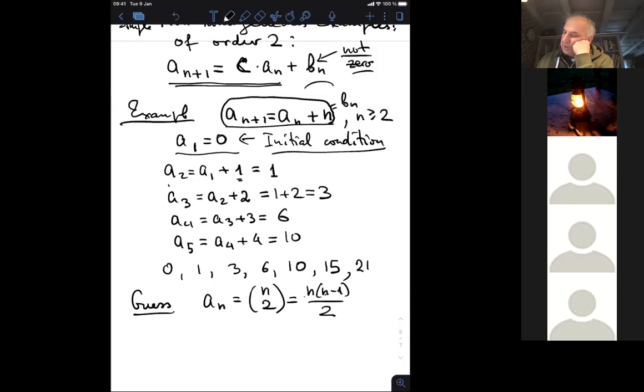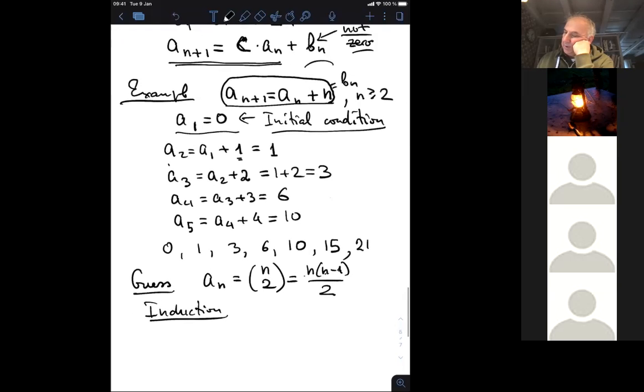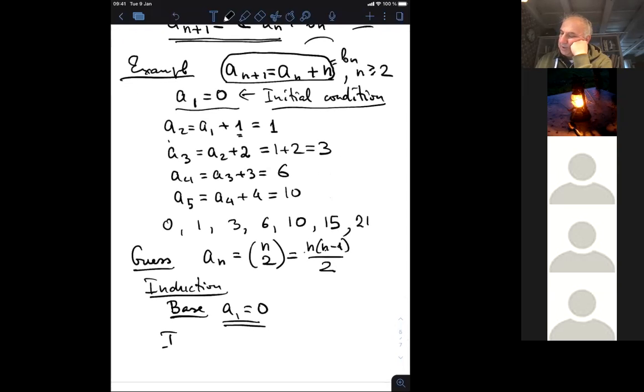So now we can easily prove this by induction. The base of induction is a1 equals 0 both ways. It's easy to check. And then the inductive step.